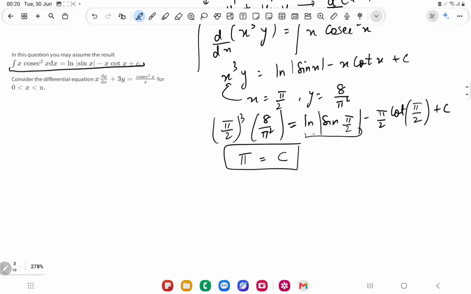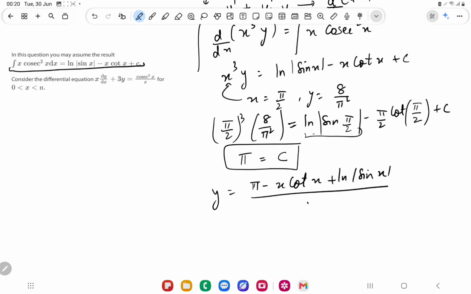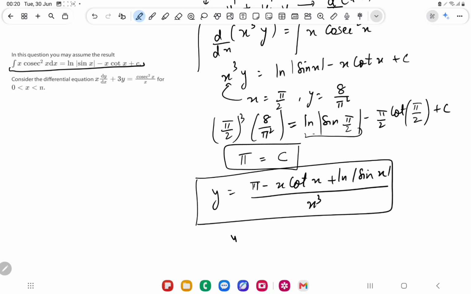So I can write my final answer as y is equals to pi minus x cot x plus ln modulus sin x whole divided by x cube. This answer is in y is equals to f(x) form as required by the question.